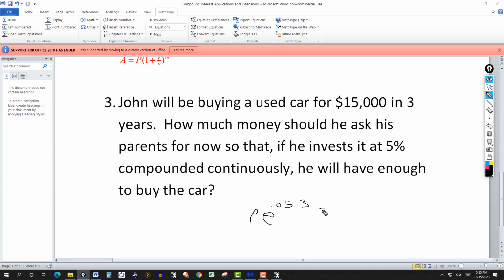And we want this to equal a future value of $15,000, because that's what he pays for the car in 3 years.